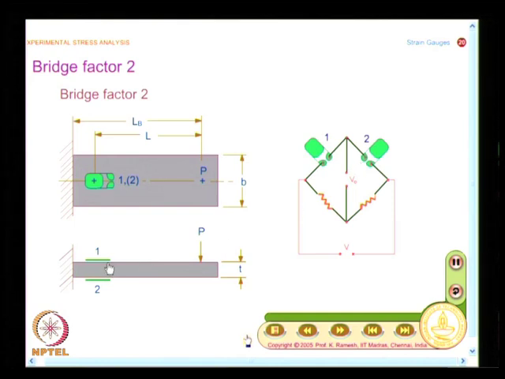So, here the focus is more on amplifying the strain signal, and this also has an advantage that whatever thermal induced apparent strain is in this gauge is cancelled by the thermal strain introduced in this gauge.